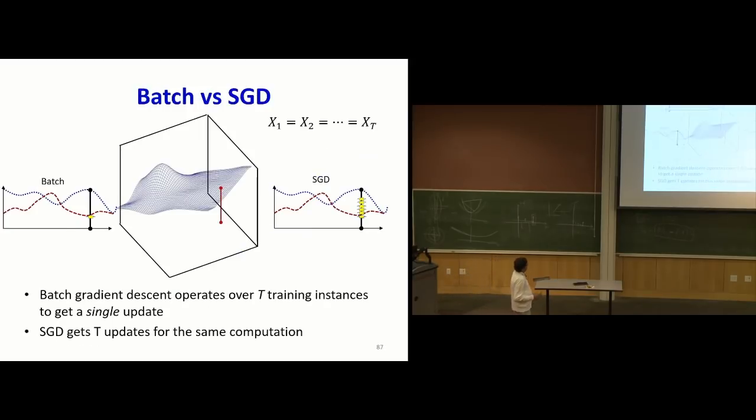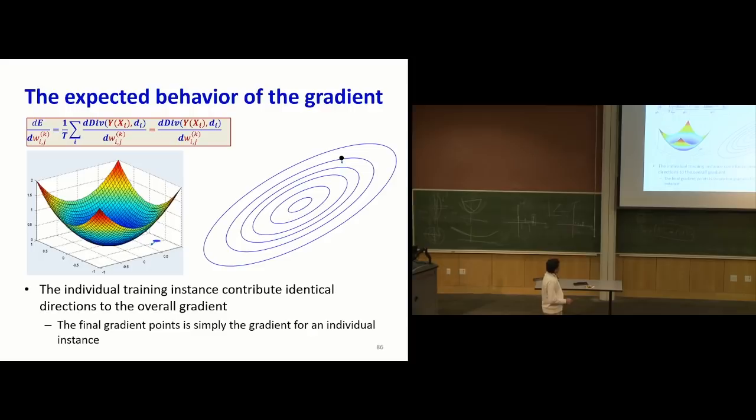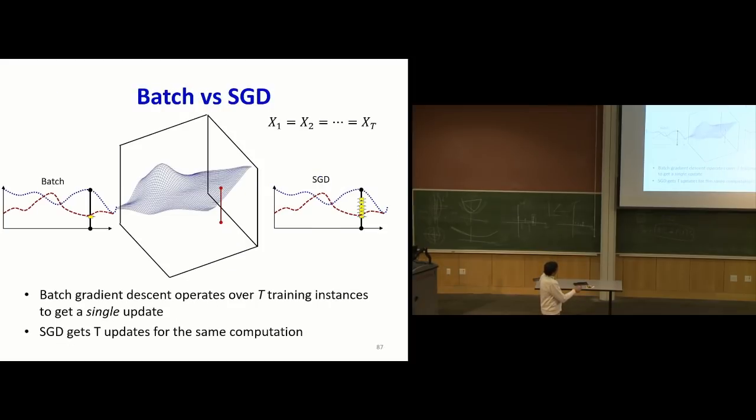So what will happen is that after having processed all of these guys, I have T training instances. I've processed all of those guys. I've gone through T training instances, computed T gradients, taken their average. At the end of it all, I got exactly the same effect as if I had had only one training instance, because the average of all T of them is the same as the gradient for one training instance, right?